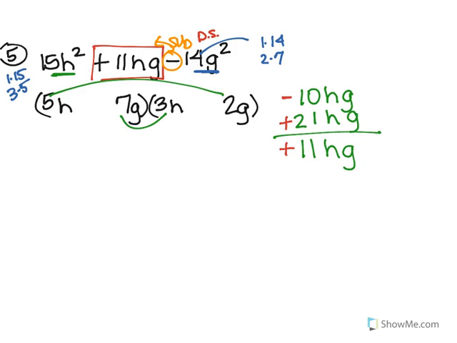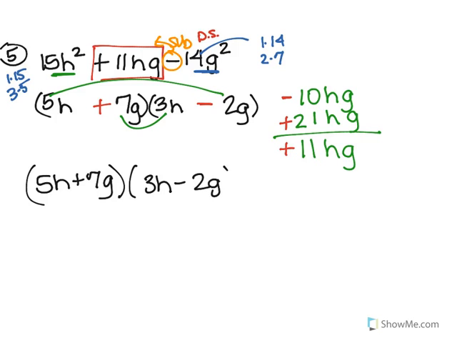And 21 is not sitting up there directly, but you made 21 with the middle, with this 7 and 3. So that 7 will be positive, and you made 10 with 5 times the 2. So our answer would be 5h plus 7g times 3h minus 2g.